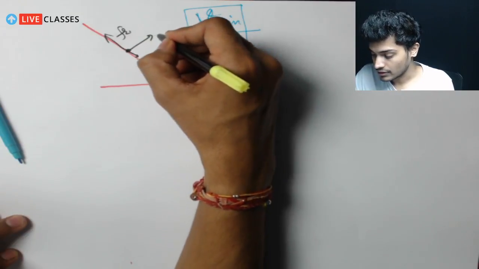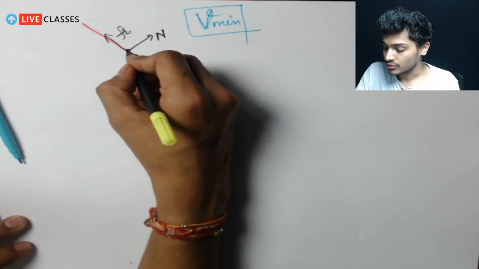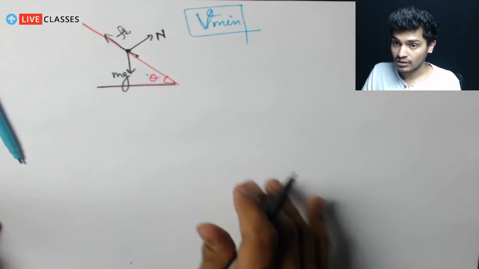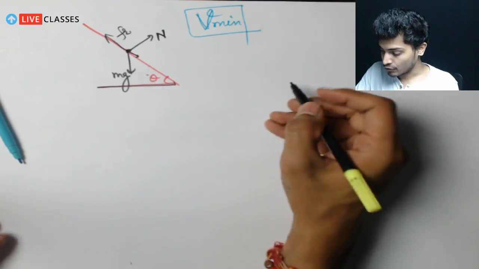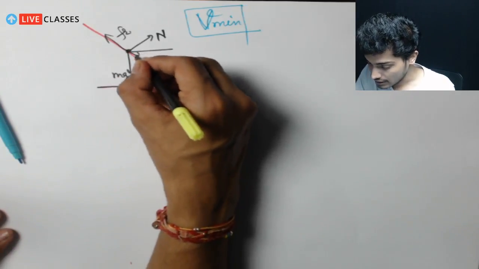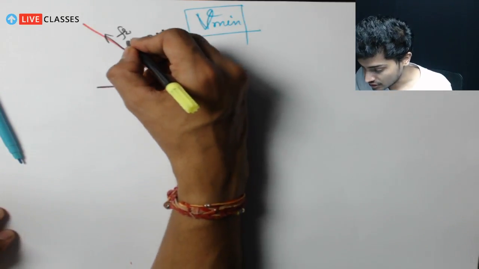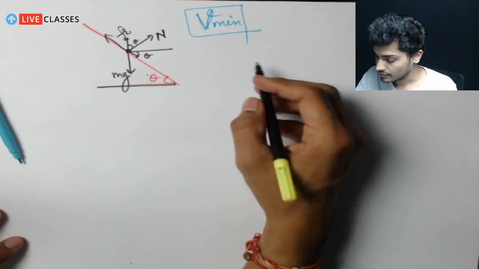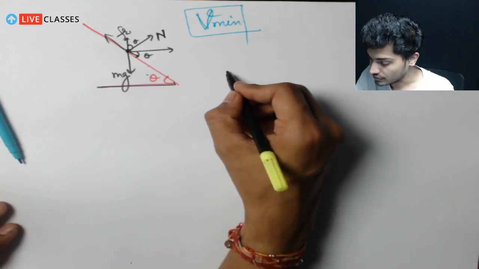The rest is the same, and we just have to use the same concept which we have done for the case of Vmax. We just have to draw the FBD here first of all, and write the equations just as we have done in the previous case.